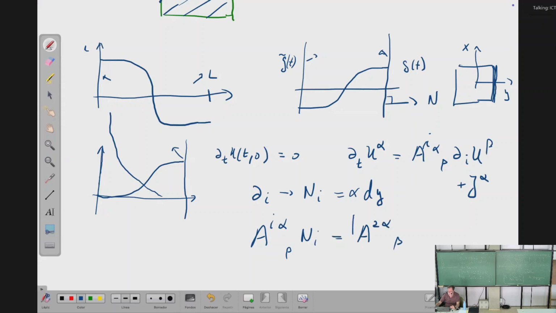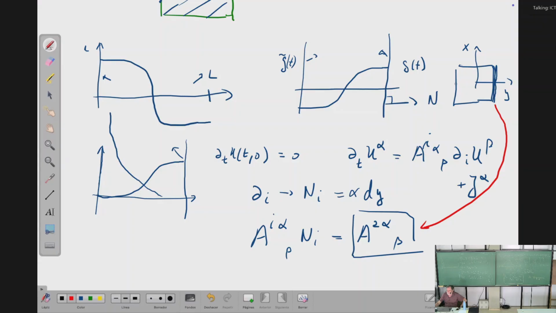So I have to look at this matrix. This is in this case, okay? If I'm here, I have to look at the component 1. And notice that this dy already has the correct sign. This is pointing outwards, right?